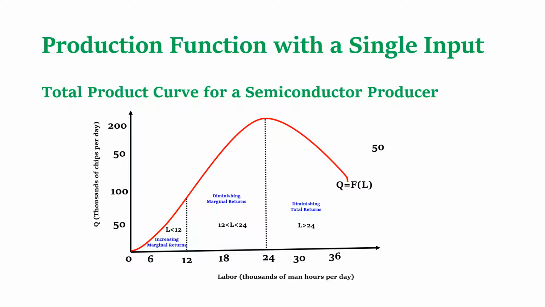Now let's look at the production function with a single input. We're looking at the total product curve for a semiconductor producer. If we look at the graph here, notice that the output is on the vertical axis and the labor is on the horizontal axis.